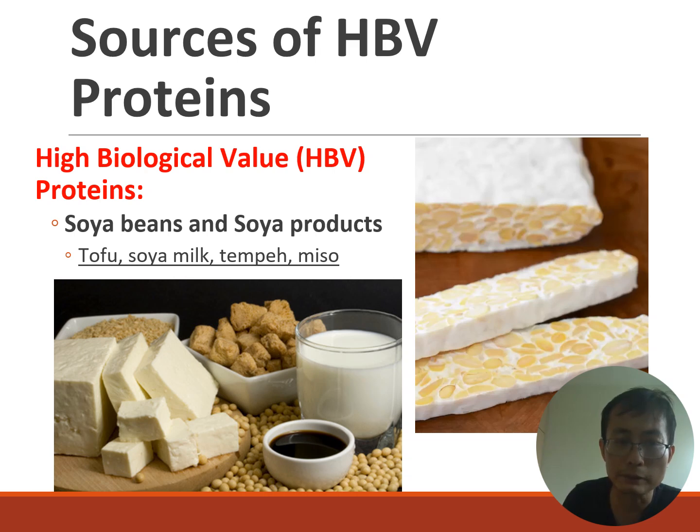It's important to know the plant sources of the high biological value proteins, because vegetarians, individuals who do not consume animal products, need to know where to get their high biological value proteins. These are the main sources, mainly from the soybeans and soy-derived products.